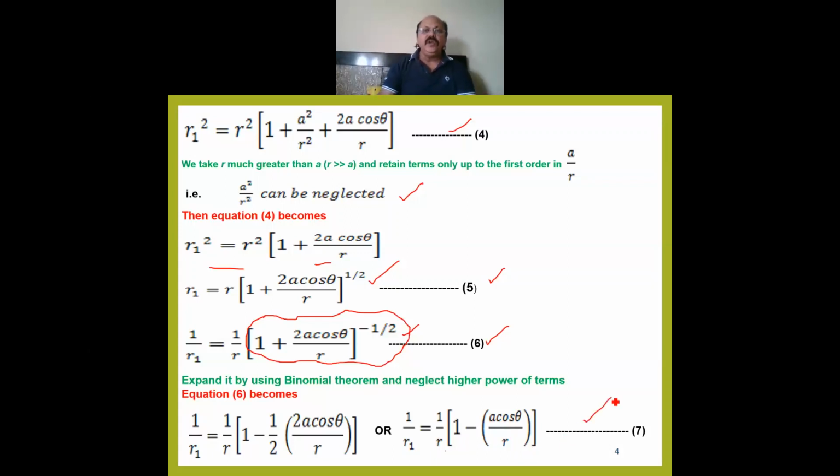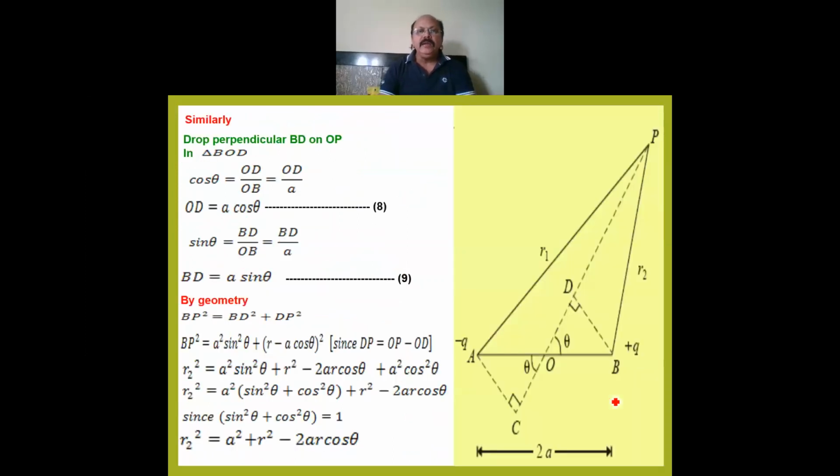This is the value of 1 upon R1 that we calculated, which we require to put in equation number 1. Now similarly, for calculating the value of 1 upon R2, what do we do? We drop the perpendicular BD on OP.